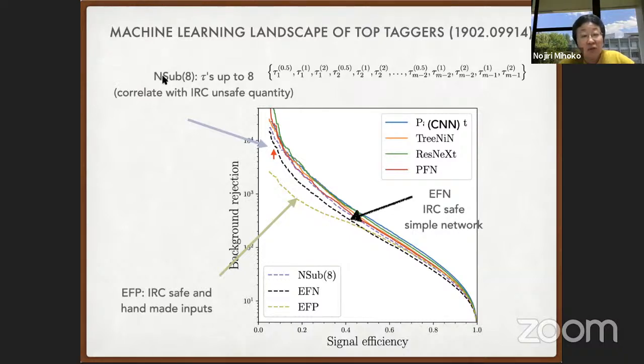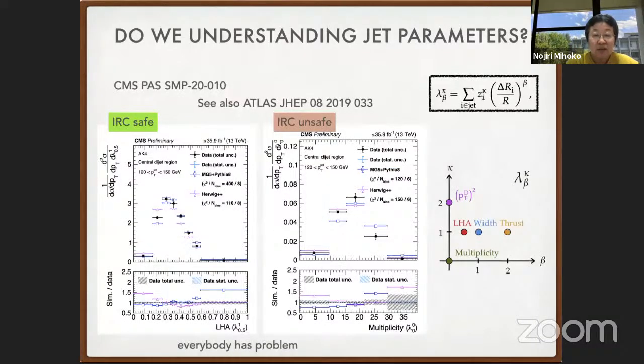And here you can see the network based on n-subjettiness, which uses n-subjettiness up to 8, so up to 8-subjet correlation is used in this particular one. It looks a little bit worse compared to the best one, but it is still built on formally IRC safe quantities, so that might be better than the others.